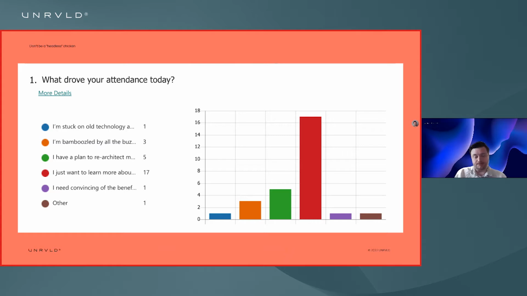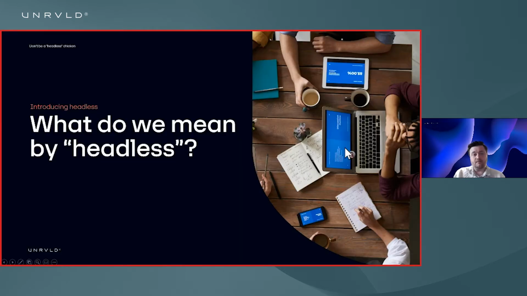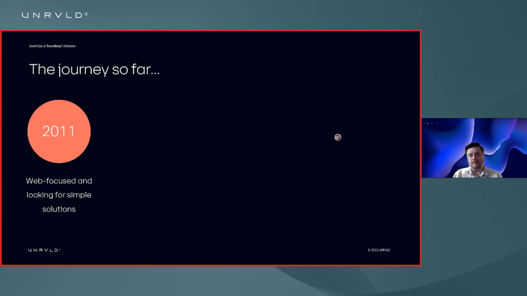and help explain it in a lot more detail. So if we move through, we'll start with the first section, the scene setting, and explain what we actually mean by headless. As a starting point, we want to take a step back and think about the journey so far.